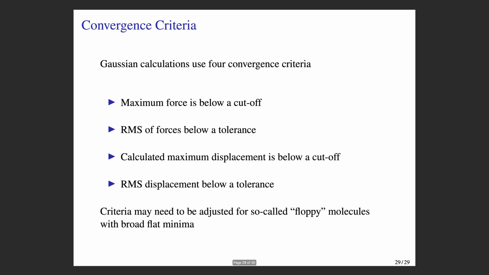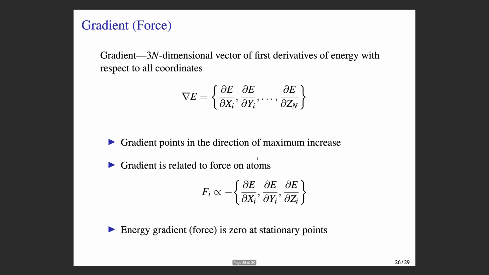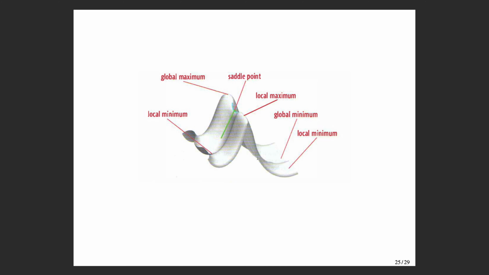I wanted to make one more point about geometry optimizations. Suppose that this is your molecule's potential energy surface, and what you're really interested in here is the global minimum of the molecule. Well, if you start with an initial geometry that's over here, Gaussian is probably not going to find that global minimum.